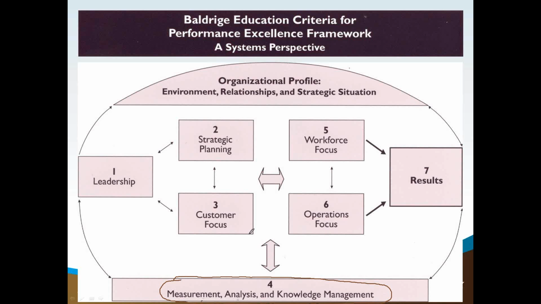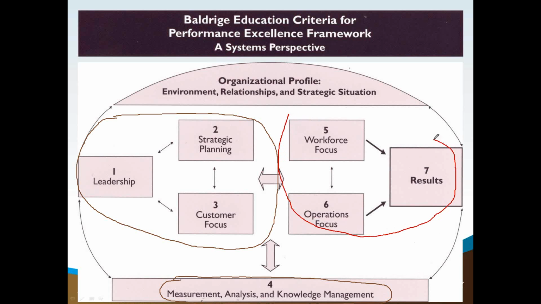If you look to the left, you'll see the 3 categories that are known as the leadership triad: leadership, strategic planning, and customer focus. The leadership triad of key work processes and key work systems drives the results triad on the right-hand side that involves the categories of workforce focus, operations focus, and ultimately the results or the outcomes.